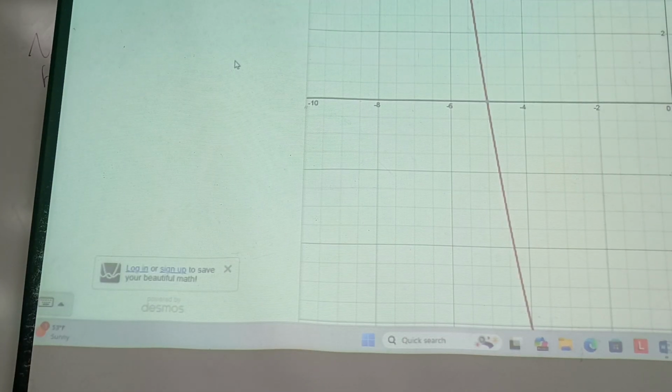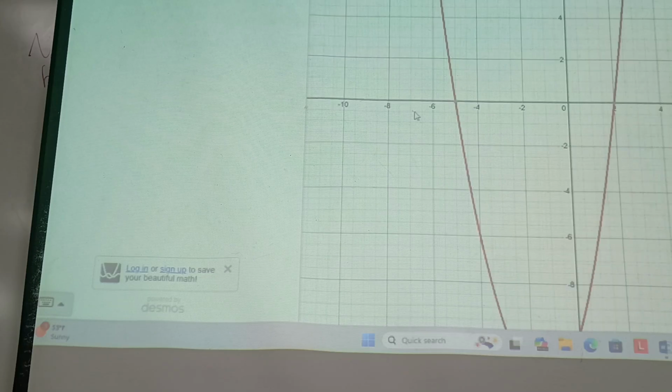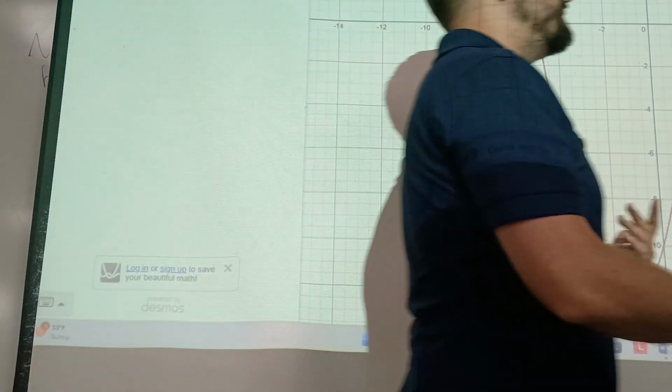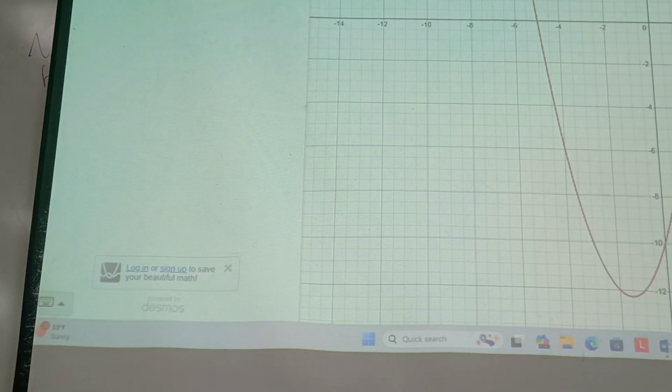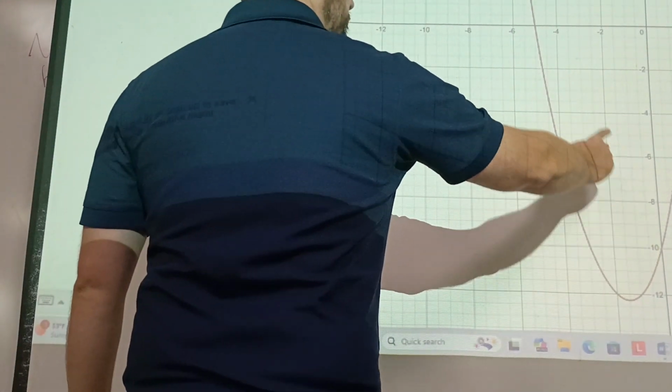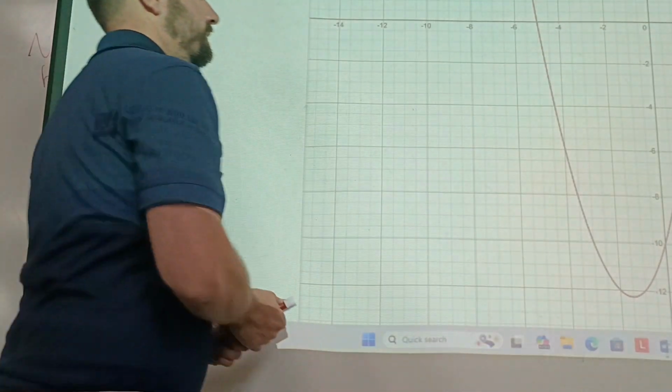I could have factored it. I could have plugged in my points. But the big question is, which ones are my x-intercepts on a graph like this? Is it this one or these ones?